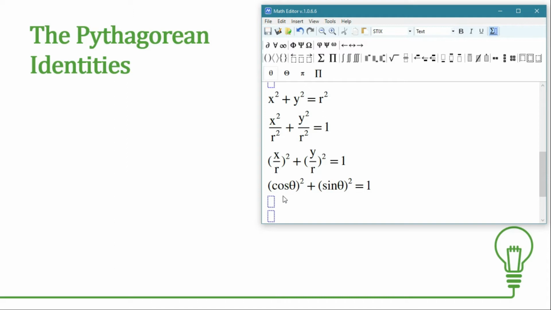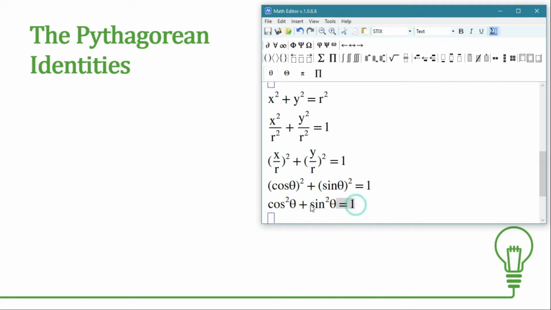We can rewrite the square of the cosine of an angle as cosine squared theta. Pwede po natin siyang i-rewrite na ganon: cosine squared theta plus sine squared theta equals 1.